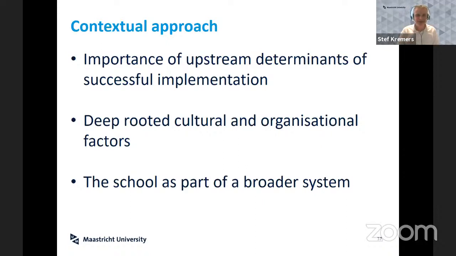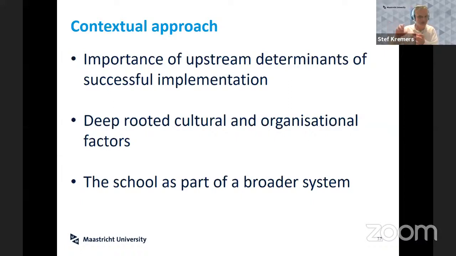And another thing where I feel and hope that we are going towards is the contextual approach that was touched upon by one of these spectra as well. I think we are giving much more attention to so-called upstream determinants of successful implementation.